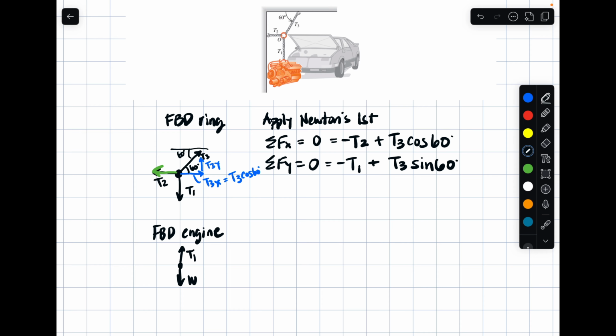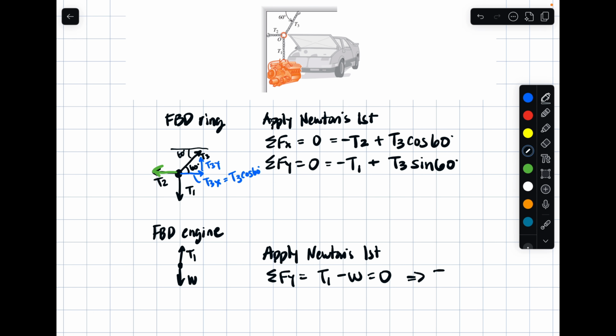There's nothing else touching the engine. So we can apply Newton's first law to this situation, and we see that all the forces in the Y are going to add to 0. And so since W is a known, we know that T1 is going to equal W.